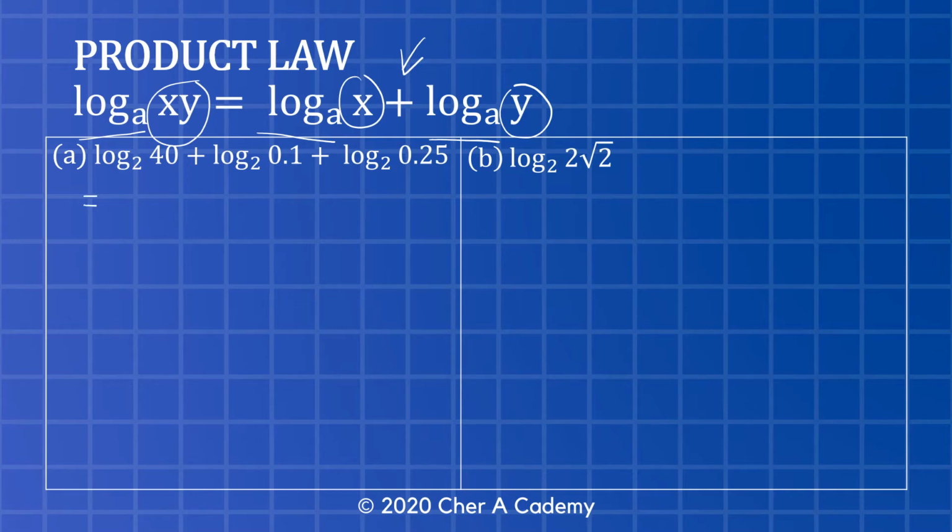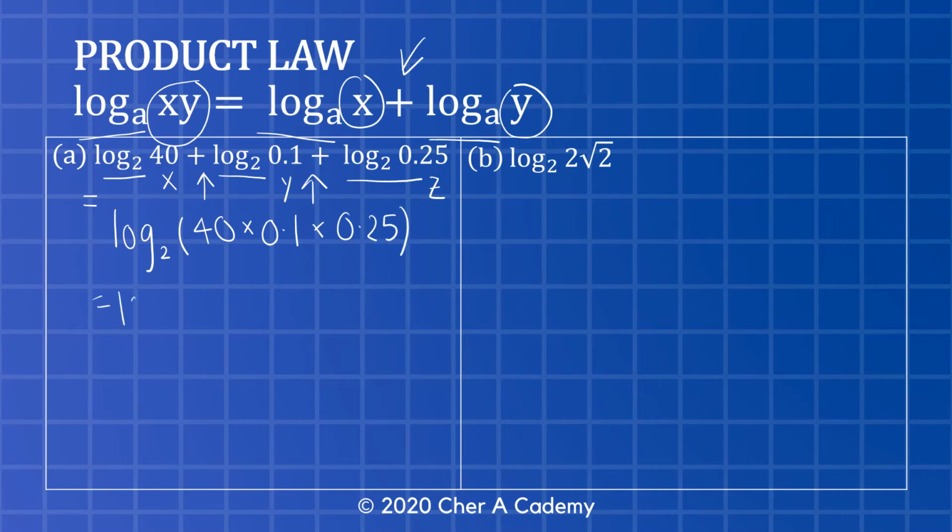In example A, we notice that all the logs here have the same base. They are all added together, so I can make use of the product law. So I'll put them in the same base. This is my x, this is my y, and my additional z. So I can actually multiply them together: 40 times 0.1 times 0.25.